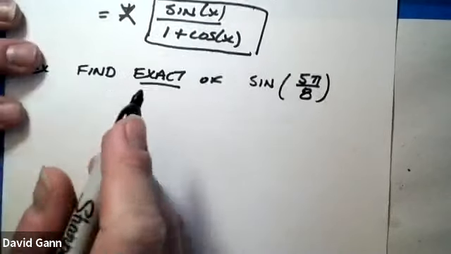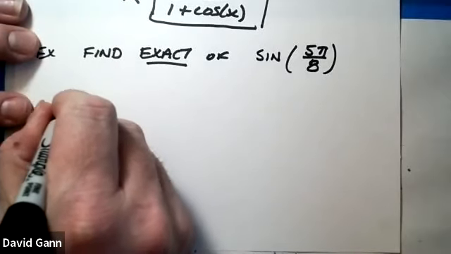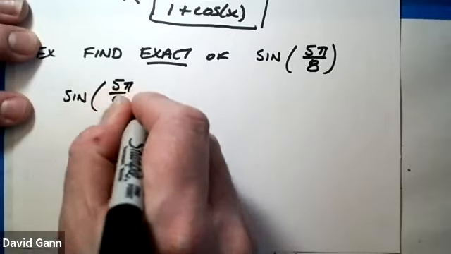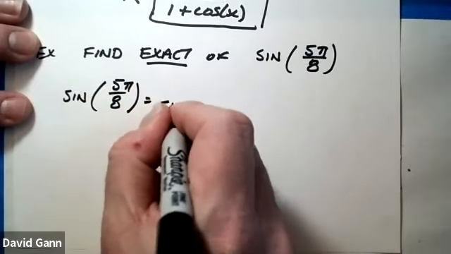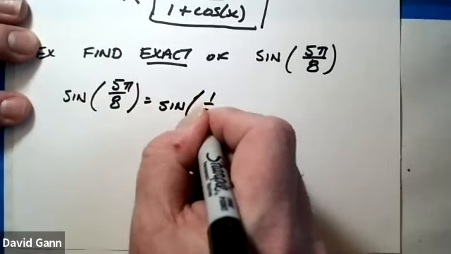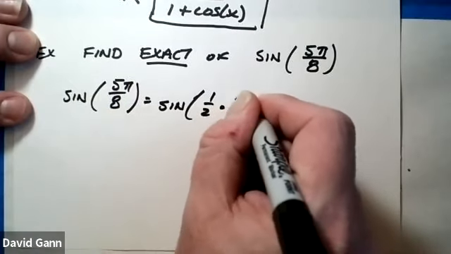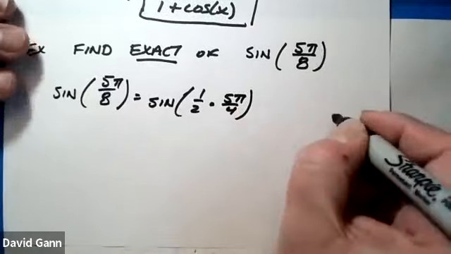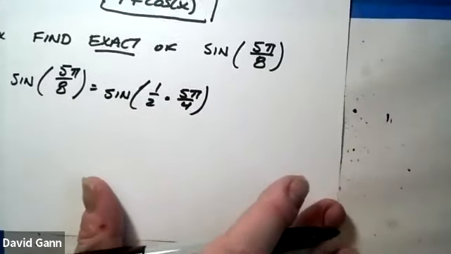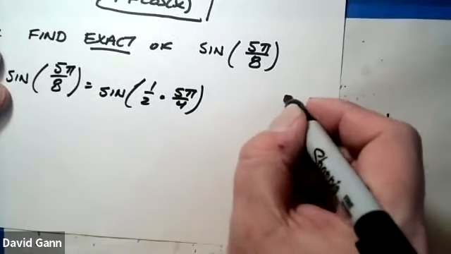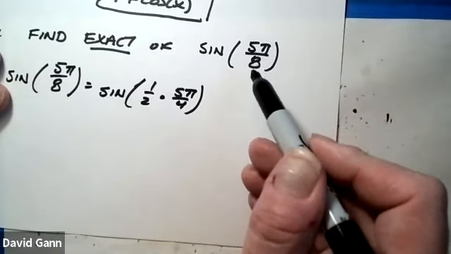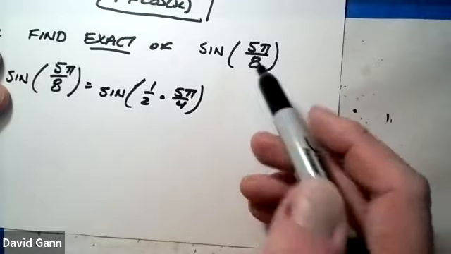Okay, so let's start by saying, well, sine of 5 pi over 8 is equal to sine of 1/2 times 5 pi over 4. And by the way, there's another piece of information we need to know, which is the quadrant of this argument, because that's going to tell us the sign.